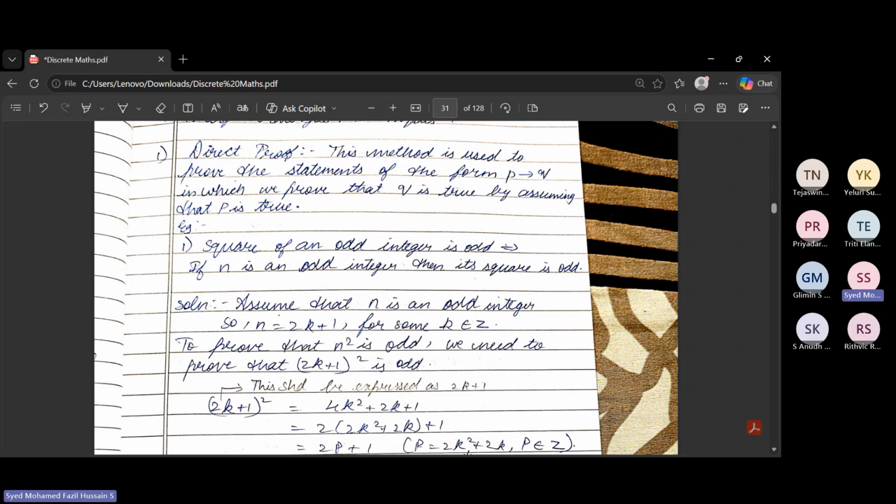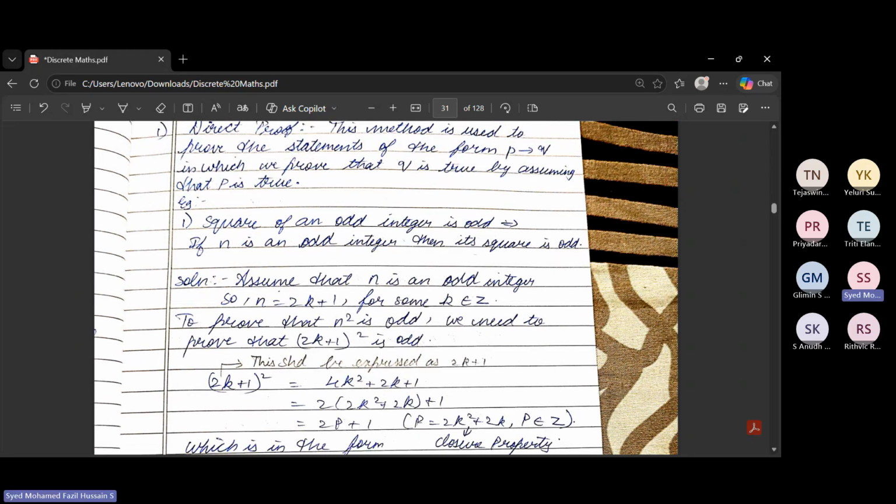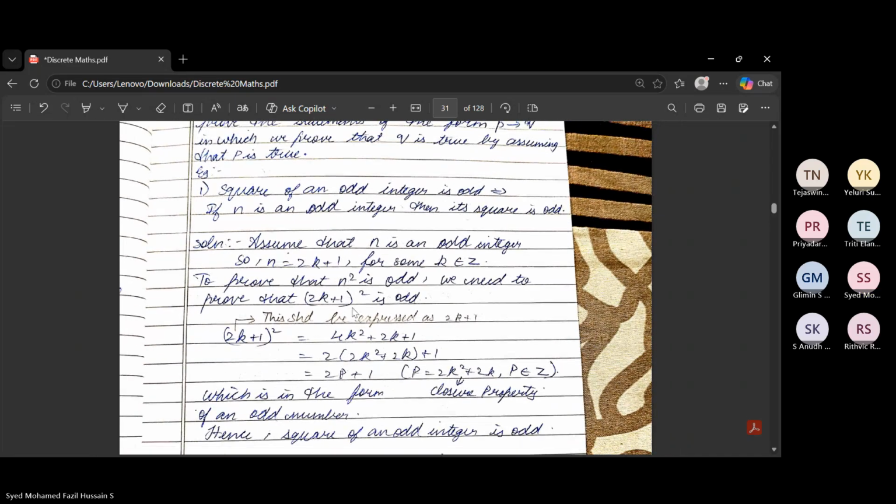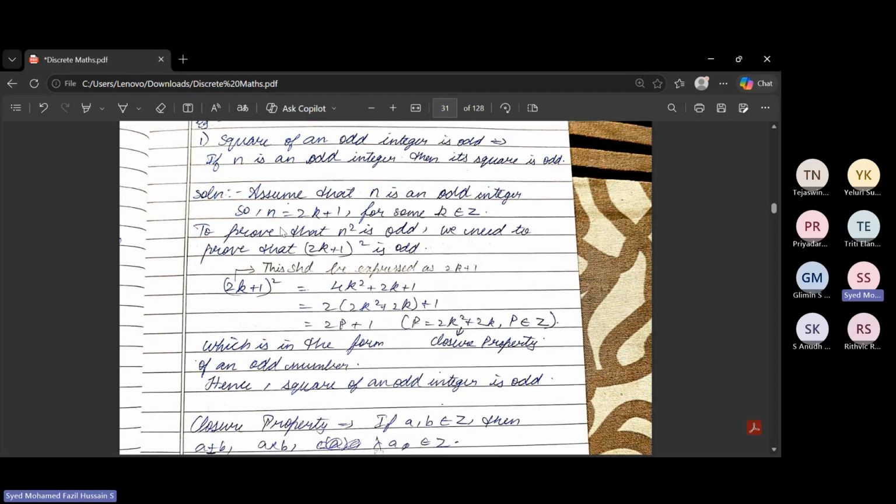Square of an odd integer is odd gives: if n is an odd integer, then its square is odd. We have to change that statement like that. If n is an odd integer is P, then the square of n is odd is Q. We have to give the proof by assuming n is equal to 2k plus 1, which always gives an odd number.